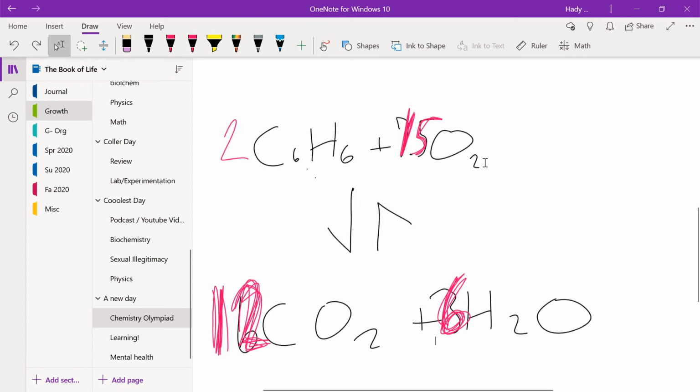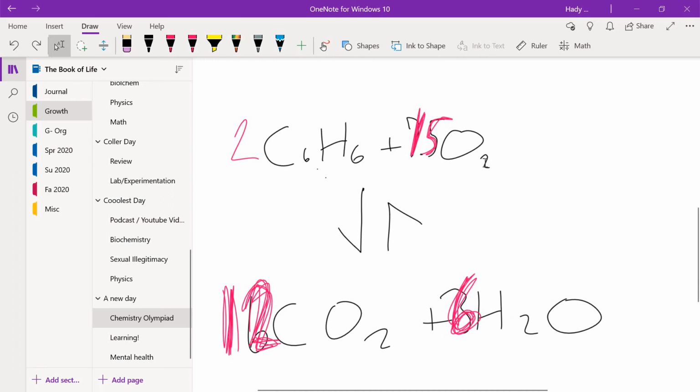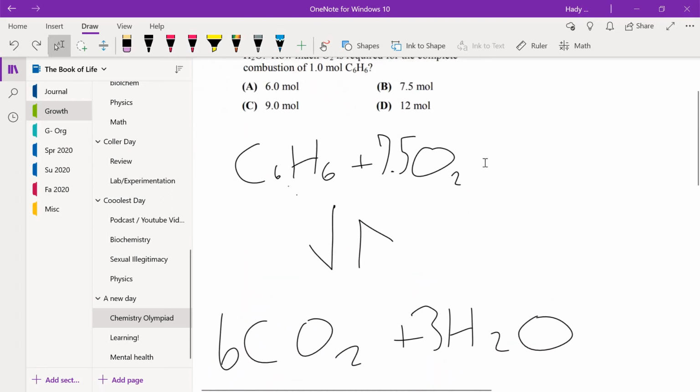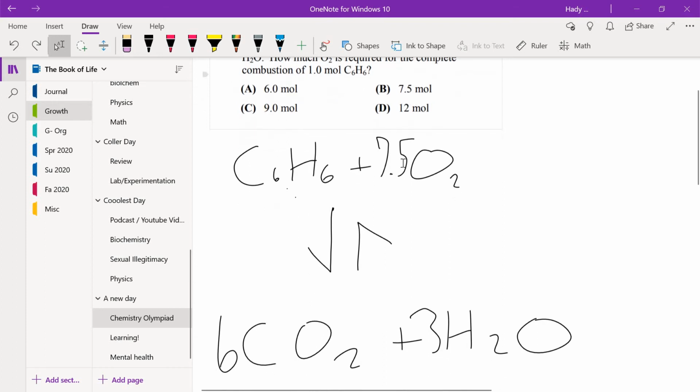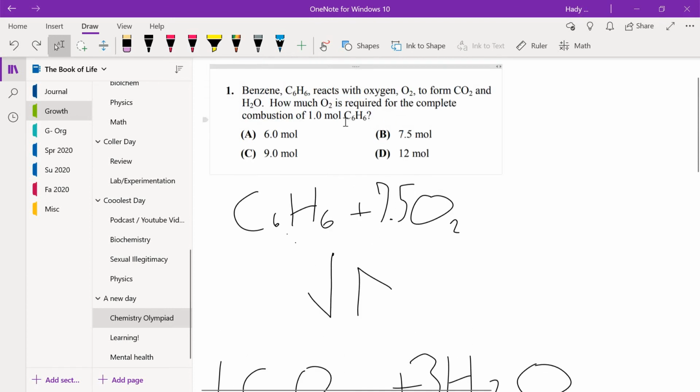Because even though you can't have 0.5 of an atom or a molecule, we're dealing with moles. So it's not saying the combustion of one molecule of C6H6, because obviously you can't do that. You'd need 7.5 O2s. But that's not what it is. It's not a molecule, it's a mole.